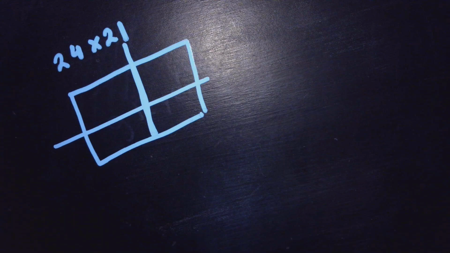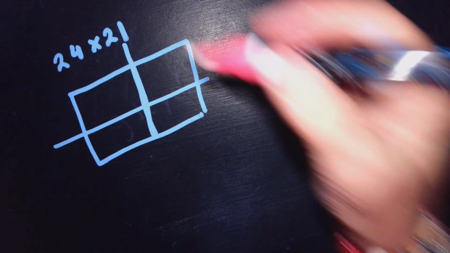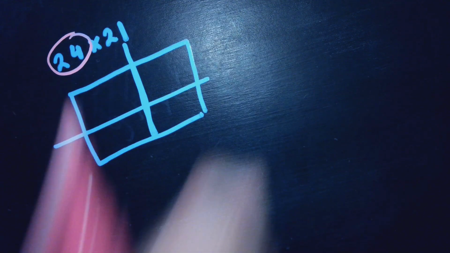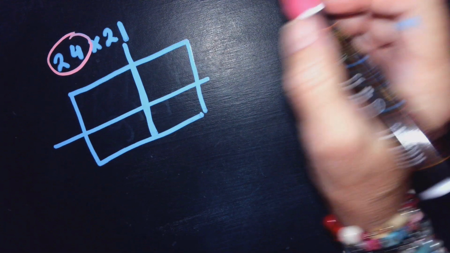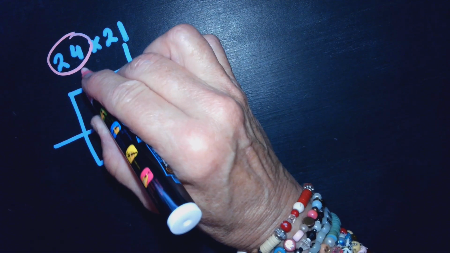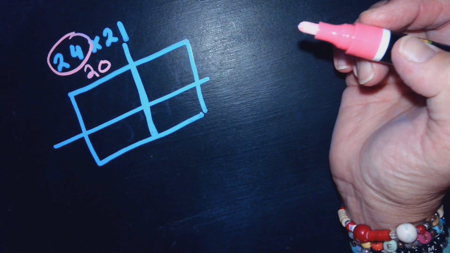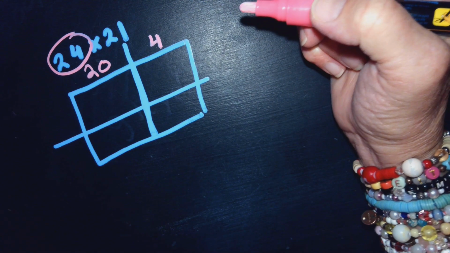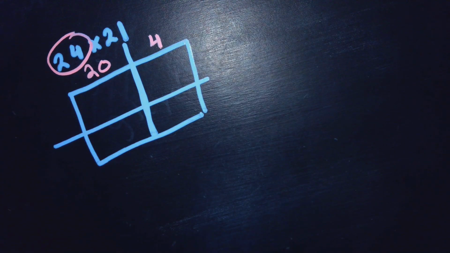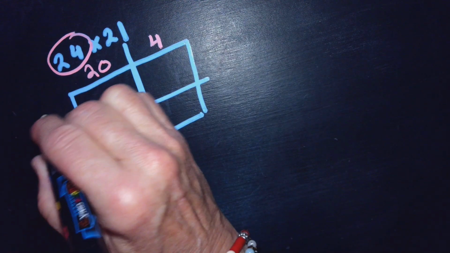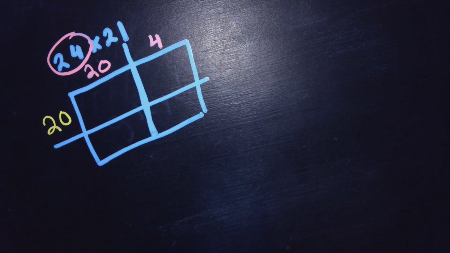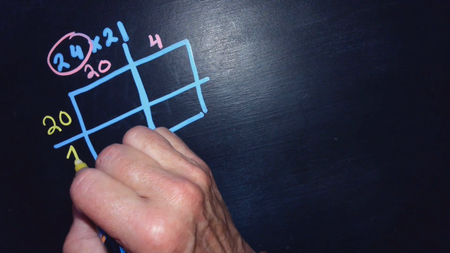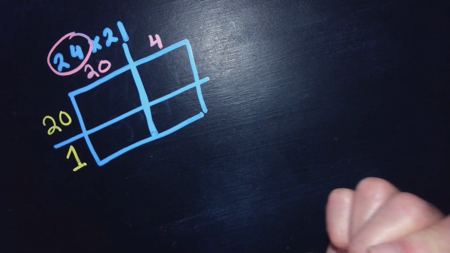In the top row, I'm going to place the number 24. The 2 represents 2 tens, which is 20, and the 4 represents 4 ones, which is 4. Then I'm going to place down the 21. The 21 represents 2 tens, which is 20, and 1 one, which is 1.